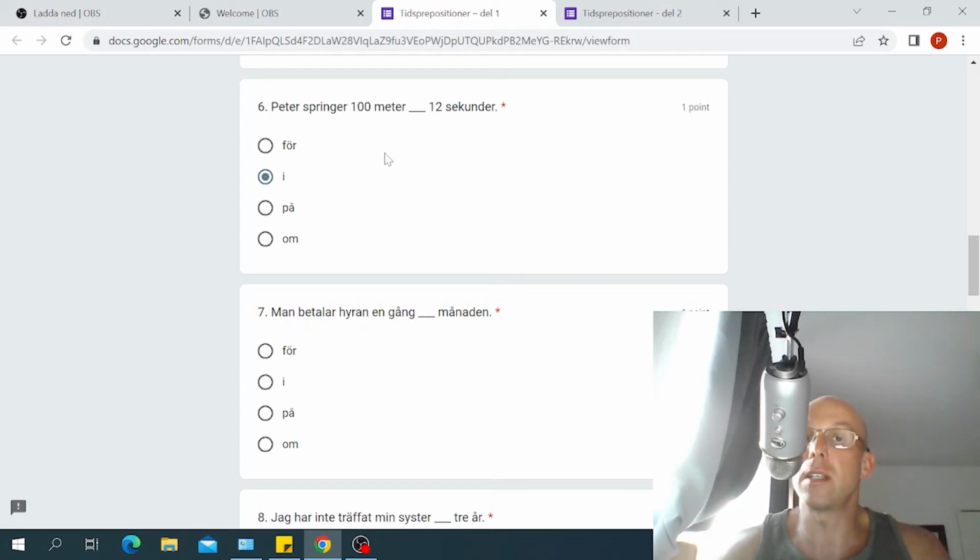And that is one of the exceptions where we use på instead. Because here you should think about it more in the sense that it takes him 12 seconds to finish. So på in these kind of circumstances is how long it will take you to finish something. It's less about the duration of time. It's more stressing how long it will take him to finish something.